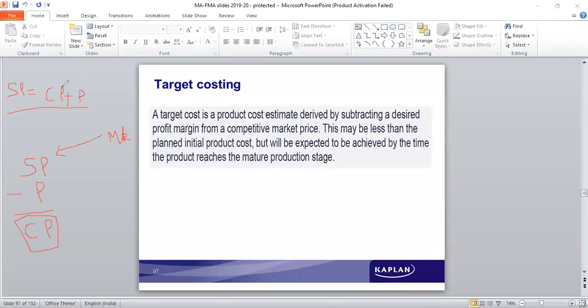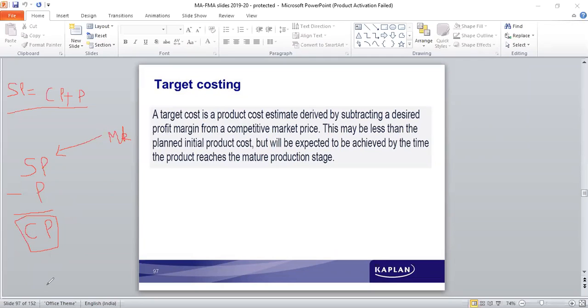But because the market is competitive, because it is a perfect market, there are many sellers present. So they cannot make the mistake of deciding on a higher selling price. So now when they work out this target cost, they have to take measures to ensure that their cost is within this limit.